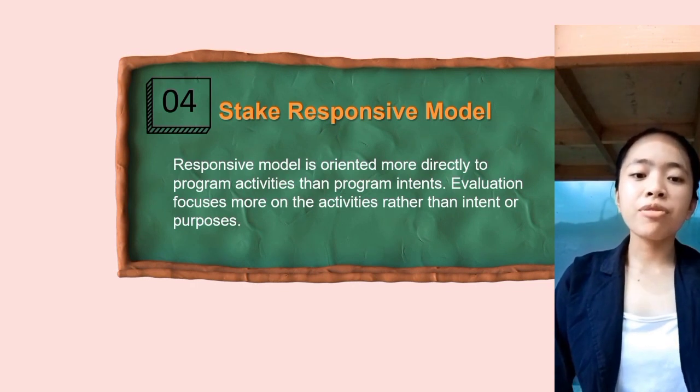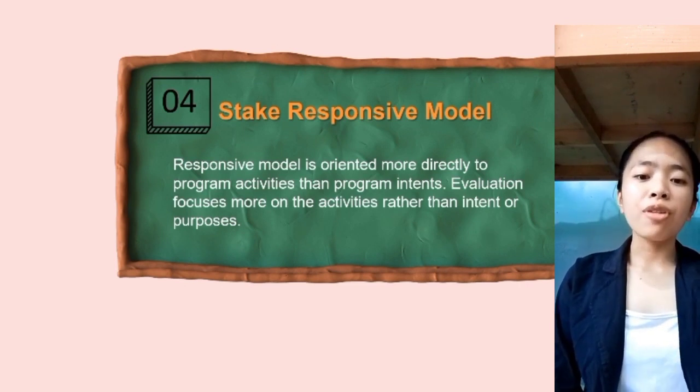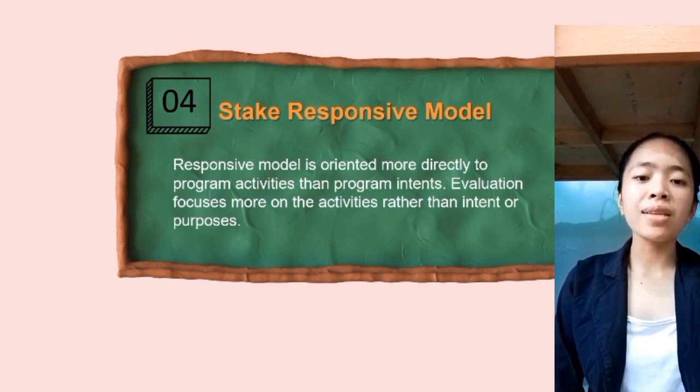Stake responsive model. The responsive model is oriented more directly to program activities than program intents. Evaluation focuses more on the activities rather than intent or purposes. So the Stake responsive model refers to an approach that involves actively engaging stakeholders in the evaluation process to gather their perspectives, feedback, and insights.